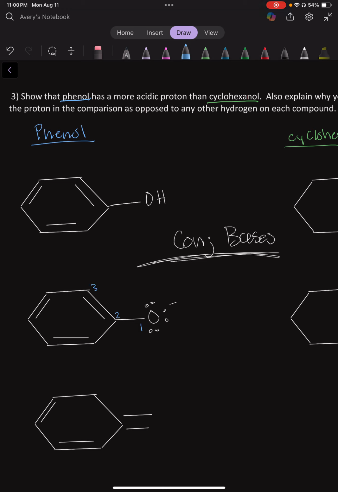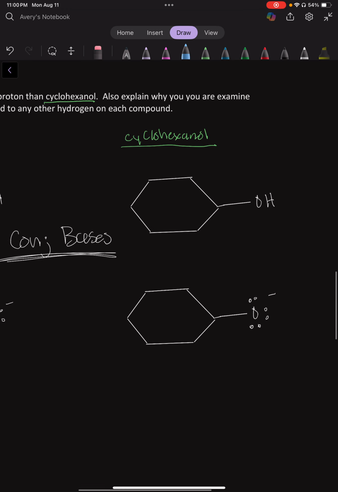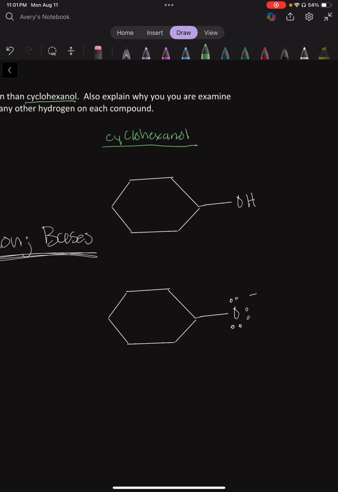This works because 1 has a lone pair, and 2 and 3 have a pi bond between them. When we go over here to cyclohexanol, if we do 1, 2, 3, we have a missing pi bond. There's no pi bond there, so we cannot do a resonance structure. Even if we went 3 down here, again, there's no pi bond.